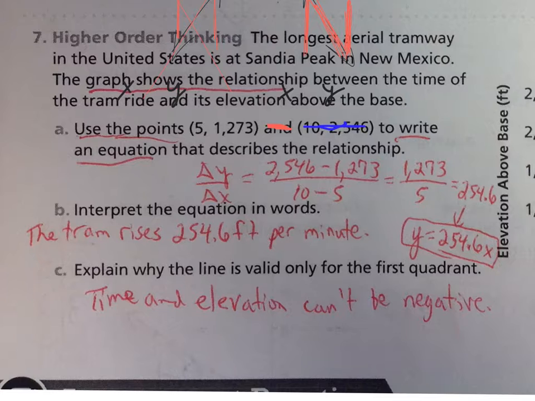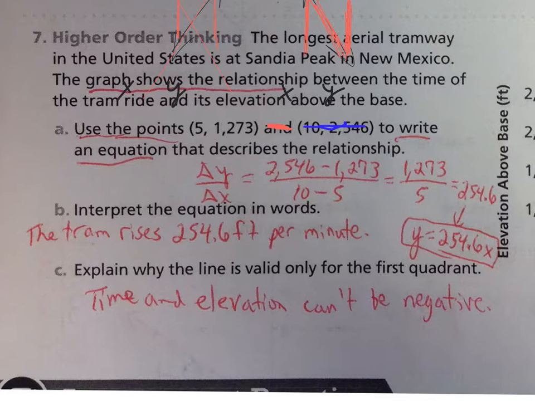And then part C, explain why the line is valid only for the first quadrant. Basically is that the time and the elevation can't be negative. For sure, elevation can't be negative because it's saying that this is elevation above its base.